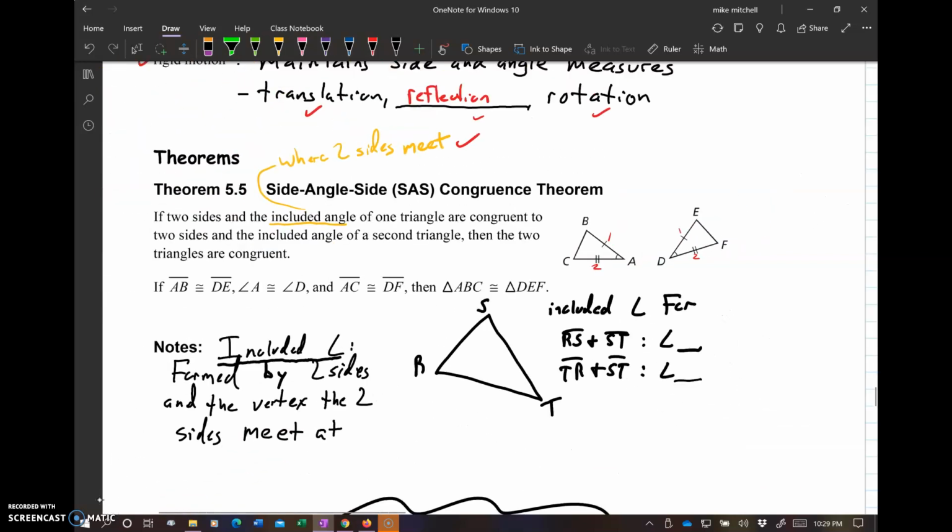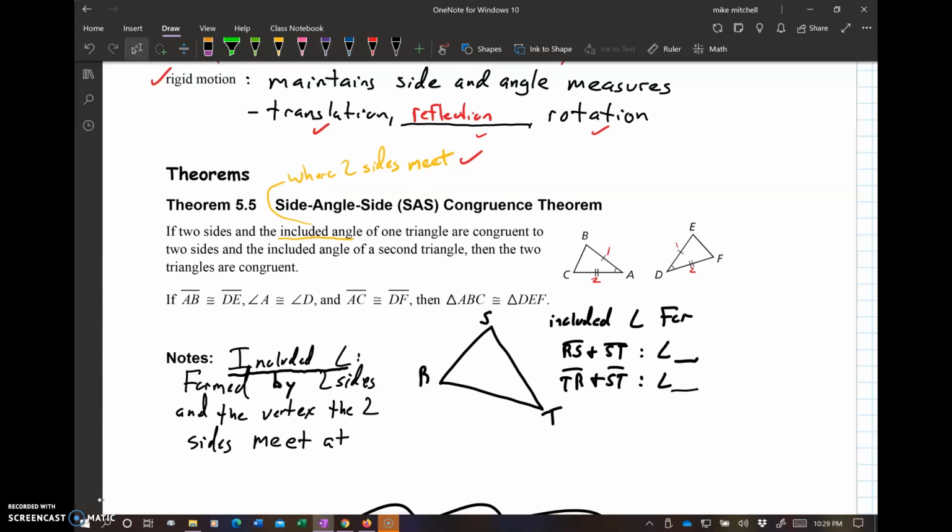Okay, included angles connect the two sides. So if you notice, you can go without picking up a pen. Another way to think of this, I'm going side, I hit the angle, and right up the other side. Side, side. This is not like this one. So this one I can go side, angle, but I've got to go through another side before I get to the other side.